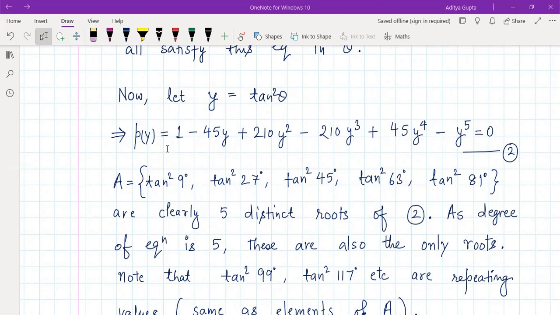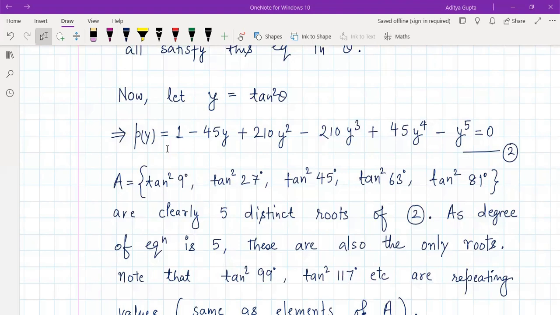Now, since the degree of this polynomial equation is 5, these are also the only roots of this equation, because if the degree of a polynomial equation is n, it can't have more than n distinct roots, right? So since I've already shown that these are the 5 distinct roots of this equation, these have to be the only roots. There will be no other root, right? A is the exhaustive set of roots of this equation.